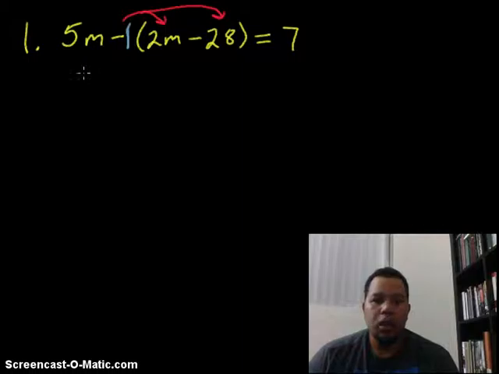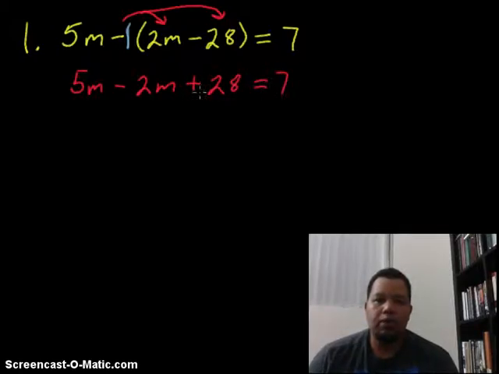So my equation will now look like this: 5m minus 2m, and this minus 1 or negative 1 times a negative 28 is a positive 28 equals 7.